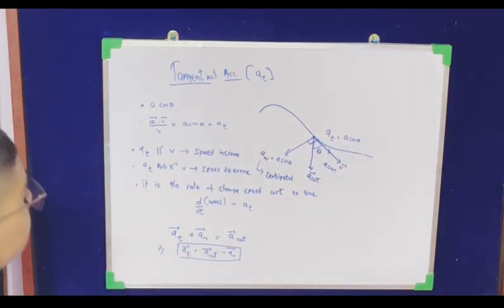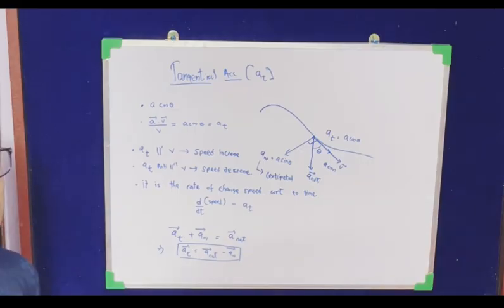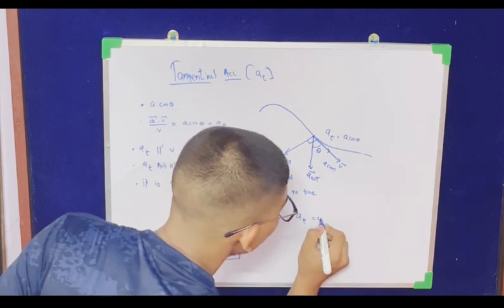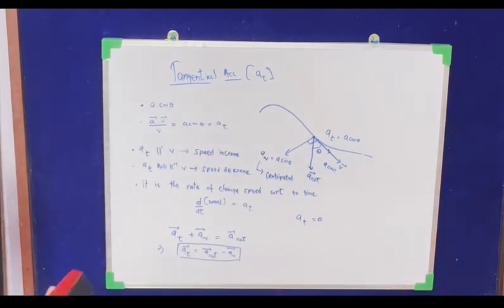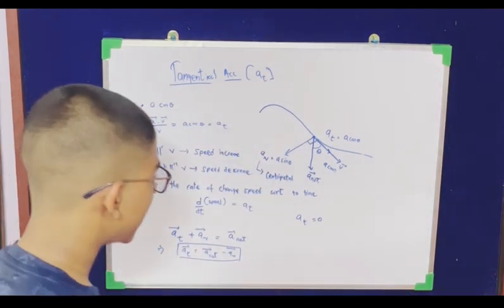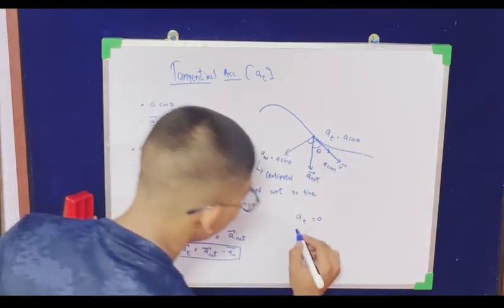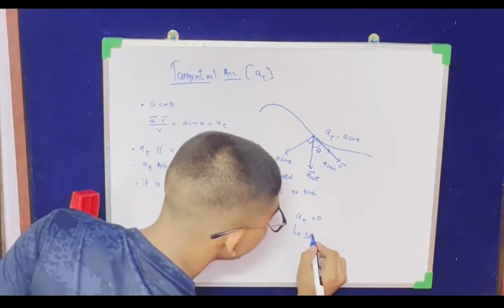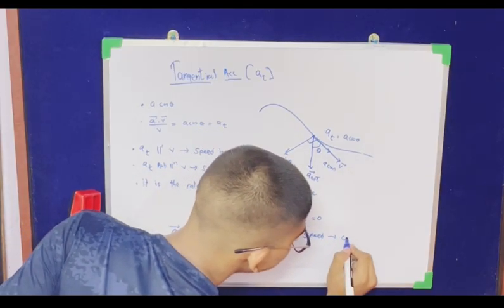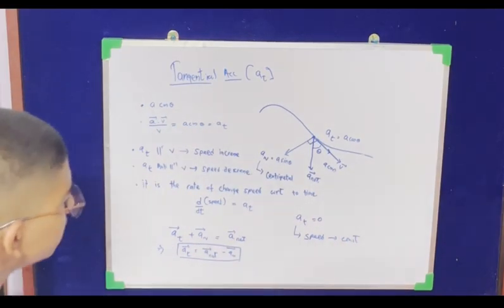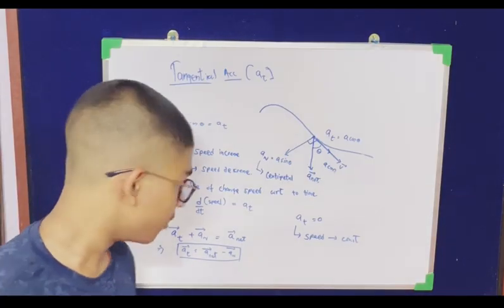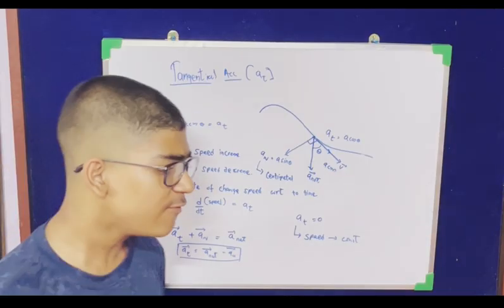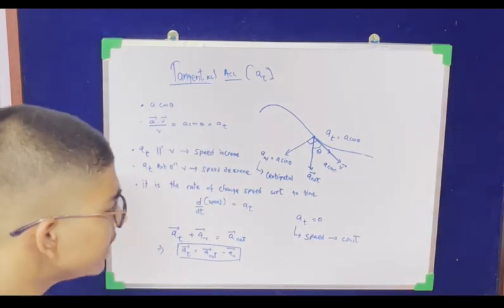And now the last thing is, if we consider a case where at is equal to 0, what will happen to the motion? If tangential acceleration is 0, the magnitude of velocity, that is speed, will be constant. Why will it be constant? Because tangential acceleration changes the magnitude of speed, but if it is 0, then the speed is constant.